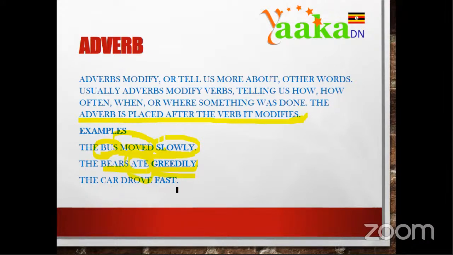The word fast modifies the action or the verb driving. How fast was the car driven? It was driven fast. It can also be driven slowly. These three adverbs, slowly, greedily, and fast, are examples of adverbs, and you can see they modify the verbs that are put before them. So we go next.